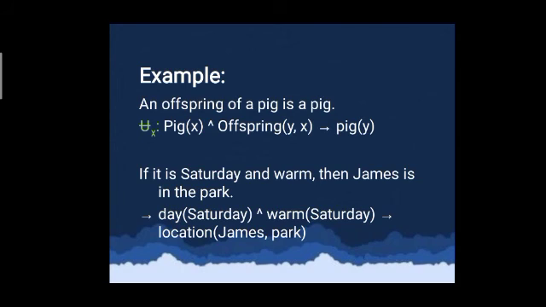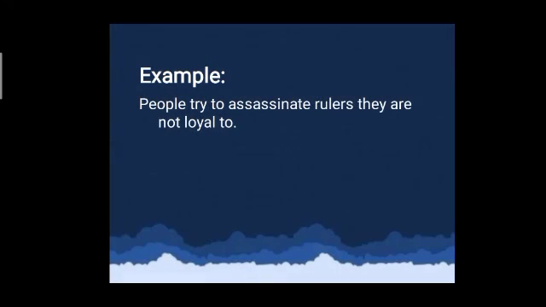So our next example is, people try to assassinate rulers they are not loyal to. Our subject here is people and rulers, and the predicate would be trying to assassinate and loyal to.